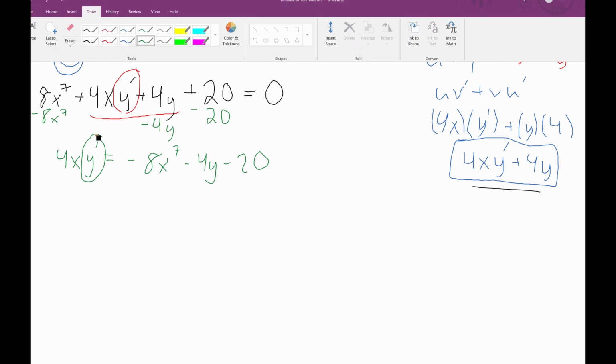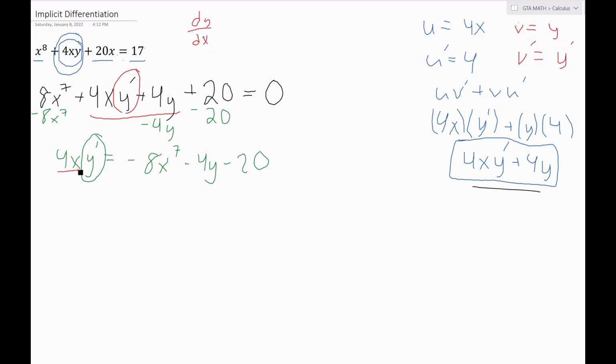So we're going to divide by this 4x. Then we're left with y prime equals negative 8x to the 7 minus 4y minus 20, divided by 4x.